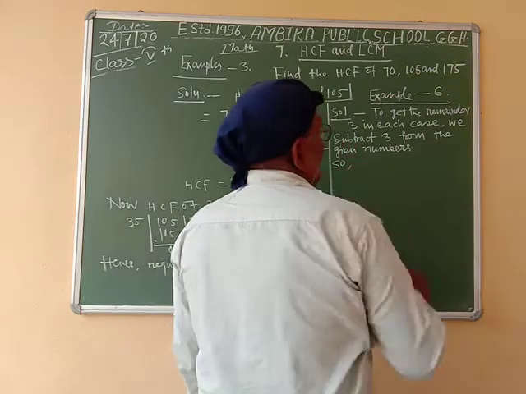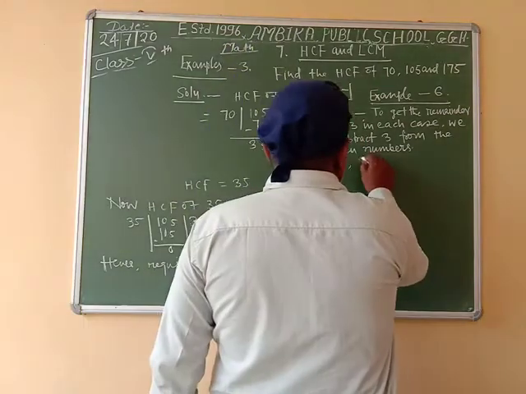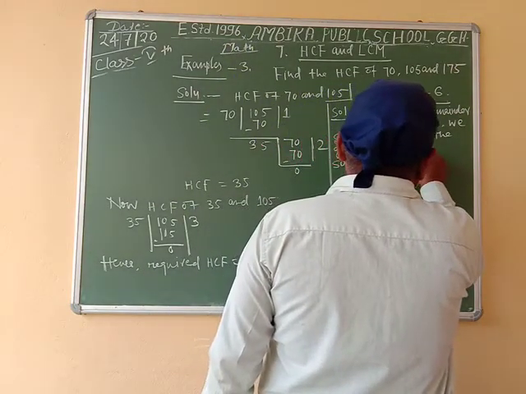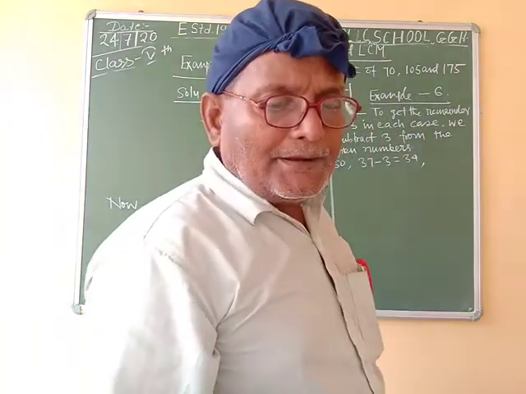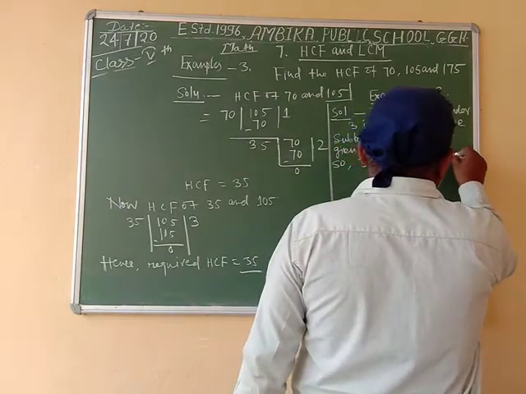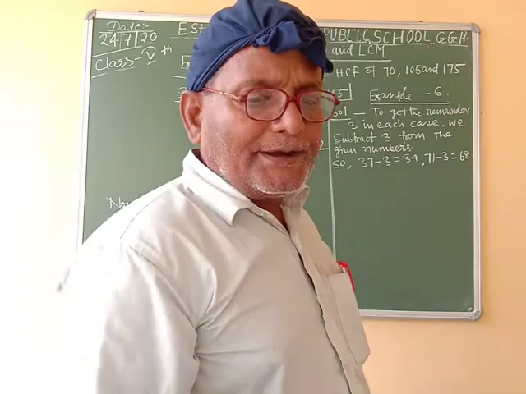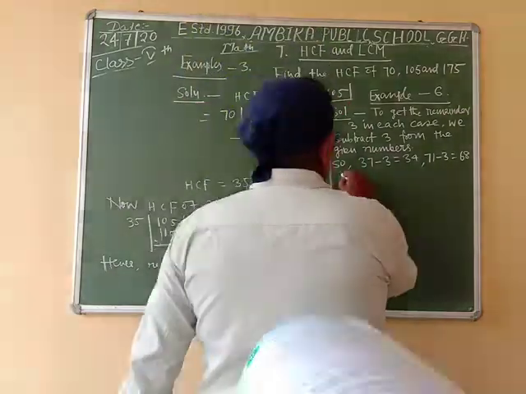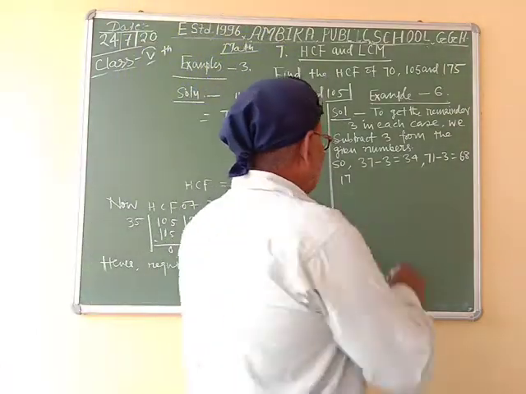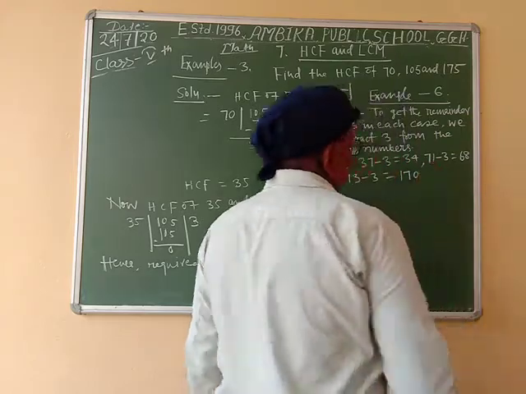So 37 minus 3 is equal to 34, and 71 minus 3 is equal to 68, and 173 minus 3 is equal to 170.